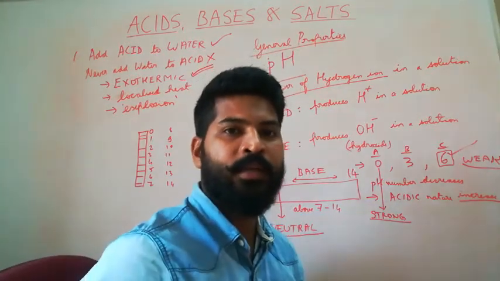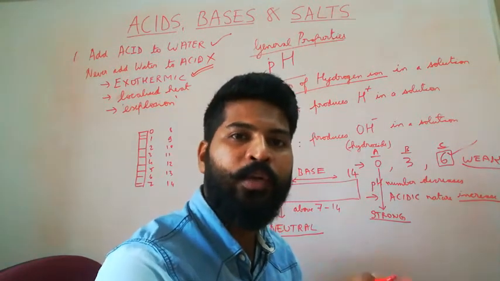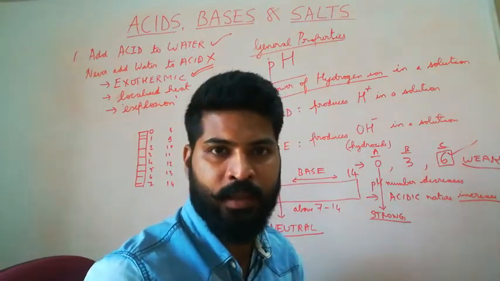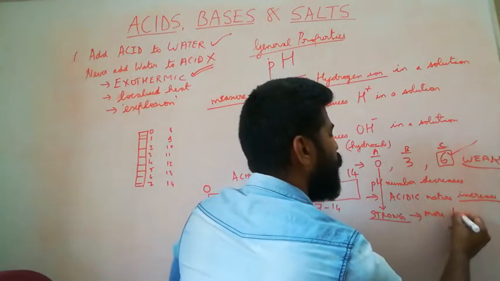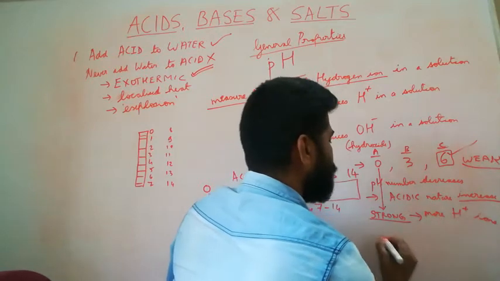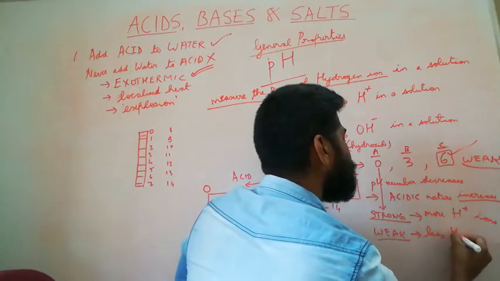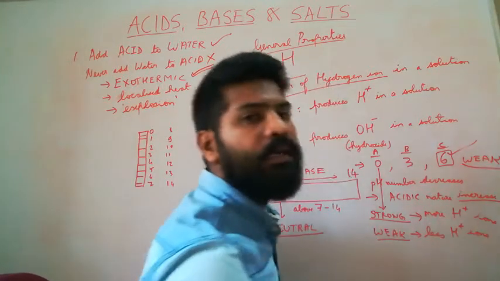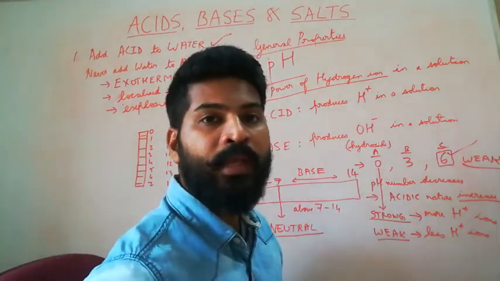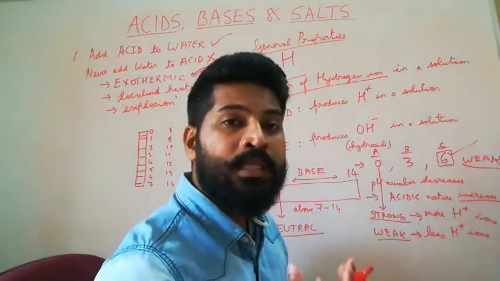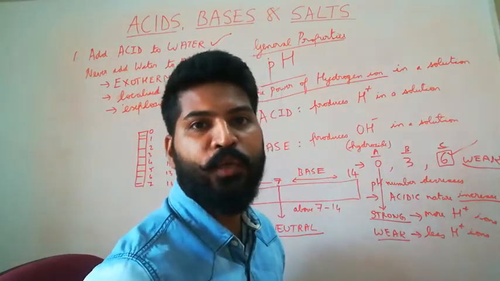The definition of acid you are well aware of: a substance that produces hydrogen ions in a solution. So a strong acid will produce more hydrogen ions, whereas a weak acid will produce fewer hydrogen ions in a solution. Examples for strong acid: hydrochloric acid HCl, sulfuric acid H2SO4, nitric acid HNO3.